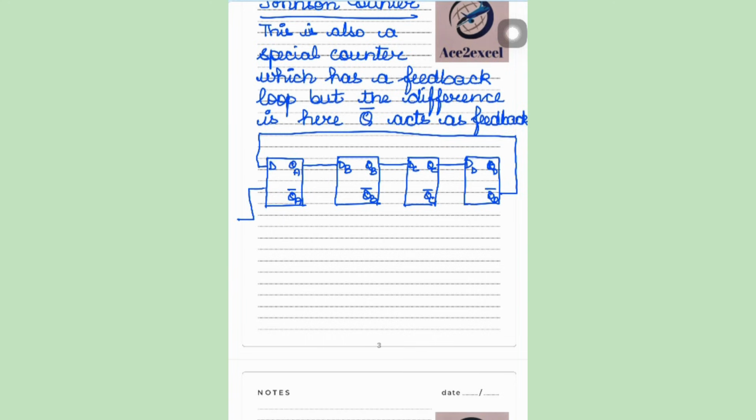Now, because we are talking about flip-flops, clock is mandatory, as every flip-flop changes state when the clock is active. So this is the circuit diagram.